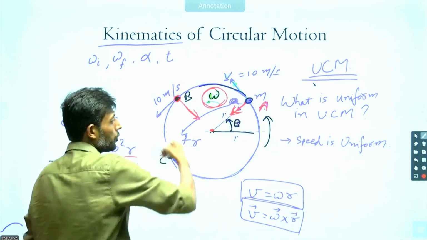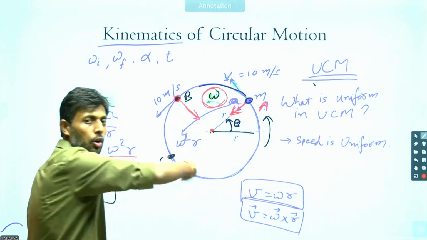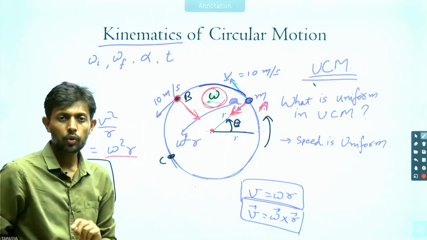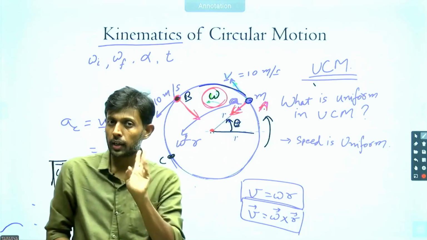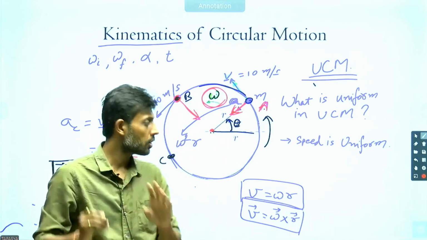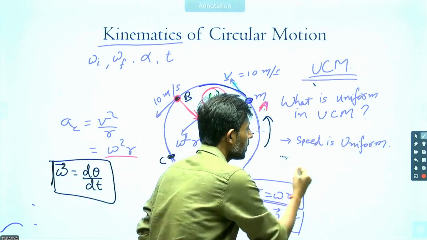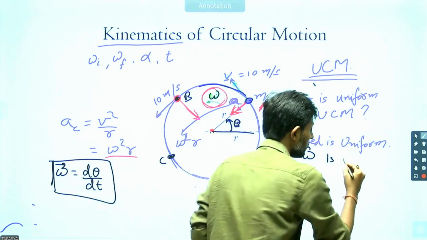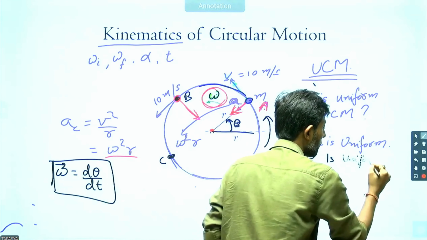So if the object is moving counterclockwise, omega is always pointing out of the plane. So the direction of omega is also constant. Magnitude is constant, direction is constant. So we can say the angular velocity, the entire vector, is uniform.